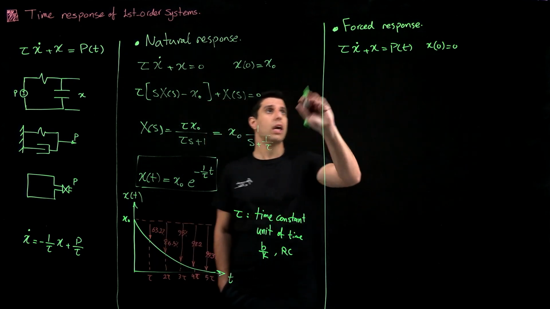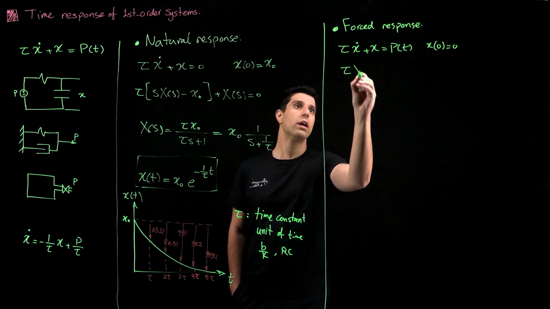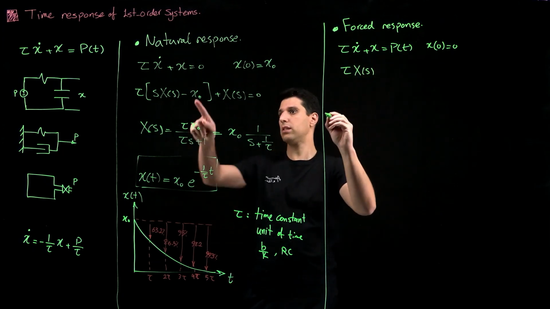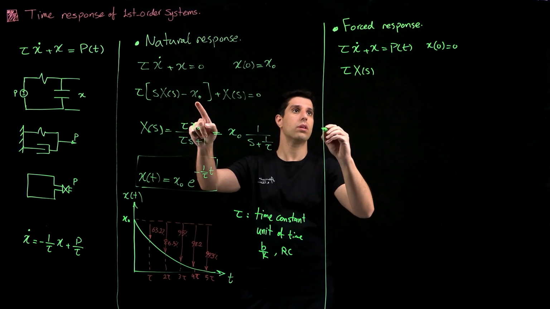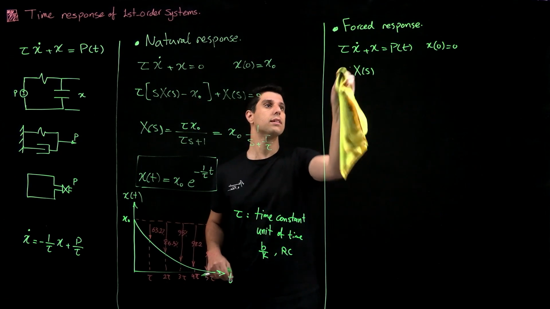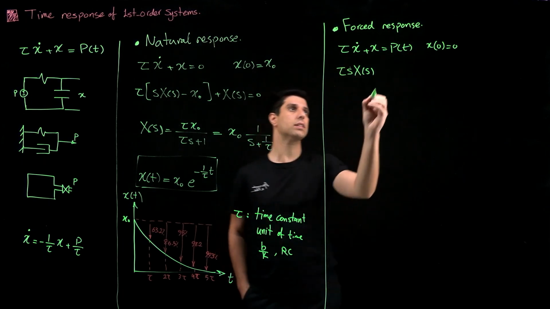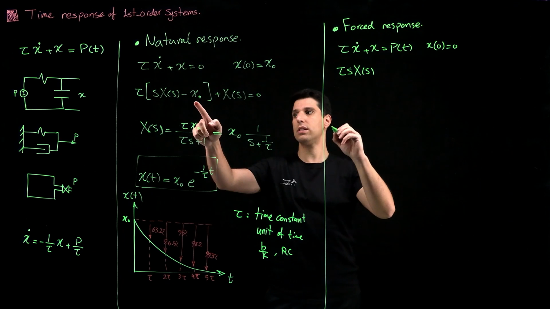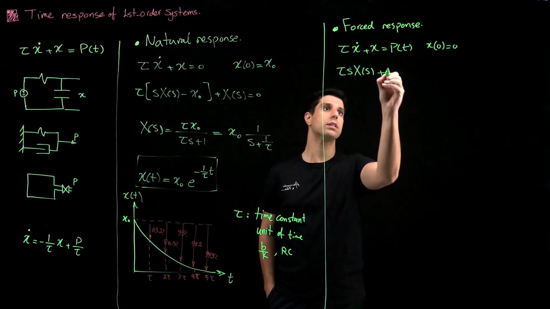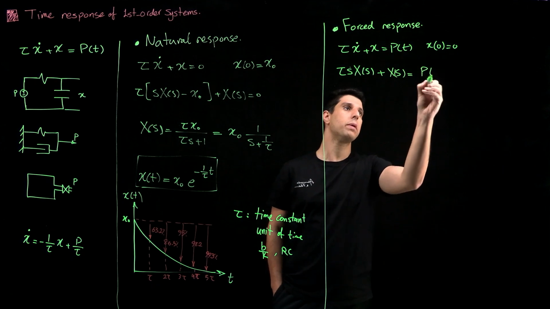So let me again take the Laplace transform. I have tau s x of s, because this one is 0, so it disappears, plus x of s equals p of s.